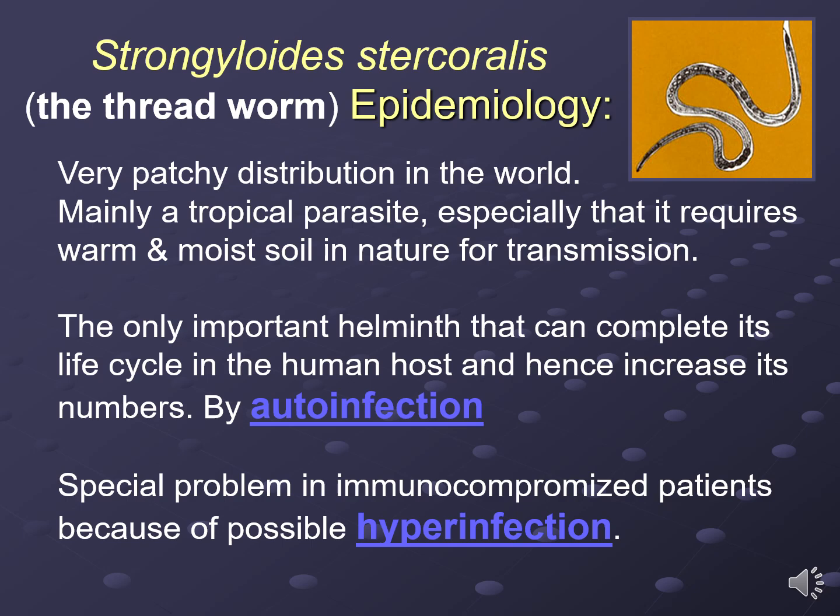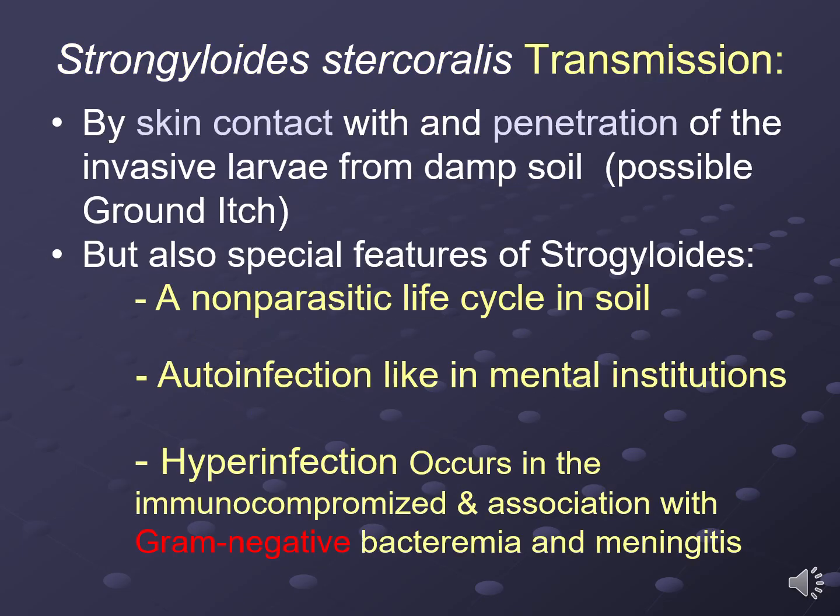And then hyperinfection occurs by auto-infection, but especially in the immunocompromised patients. Hence, the larvae will be penetrating the skin, but not being checked or killed by the immune system in immunocompromised patients, and hence hyperinfection may result. This is specific to Strongyloides stercoralis.